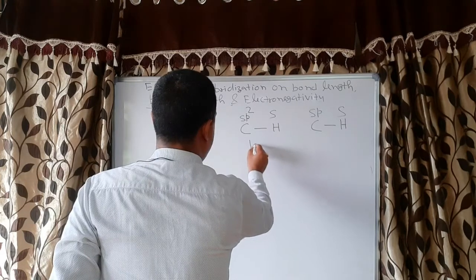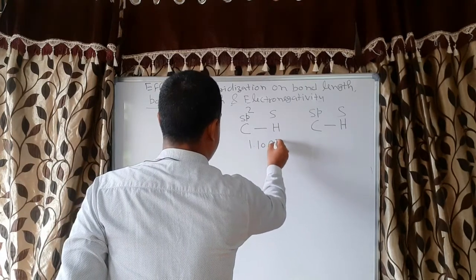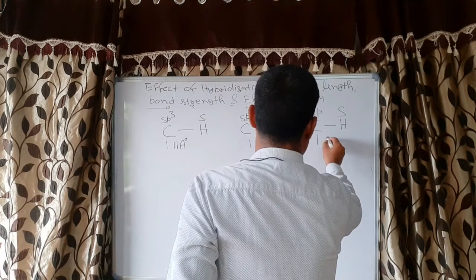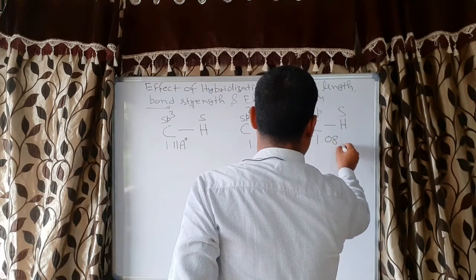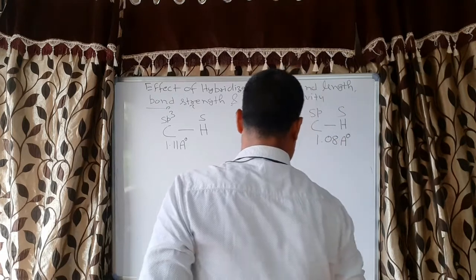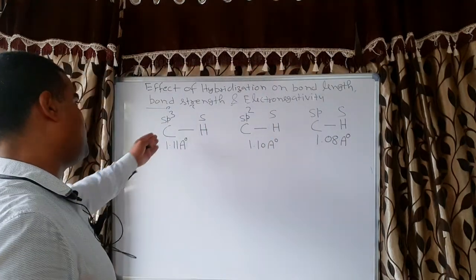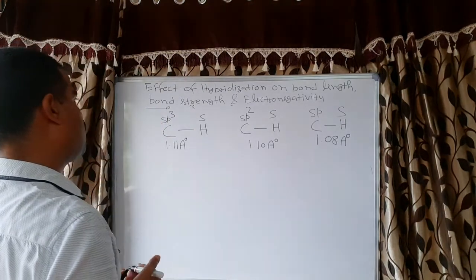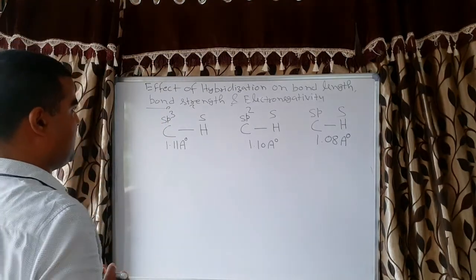This is 1.10 angstrom and this is 1.08 angstrom. So this is the story of carbon hydrogen bond length. So that is the effect of hybridization on bond length.